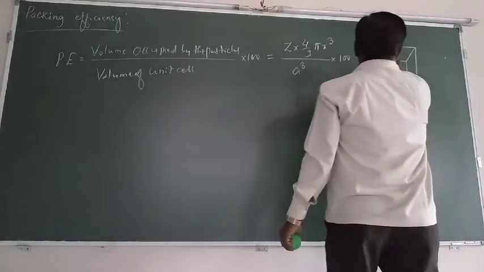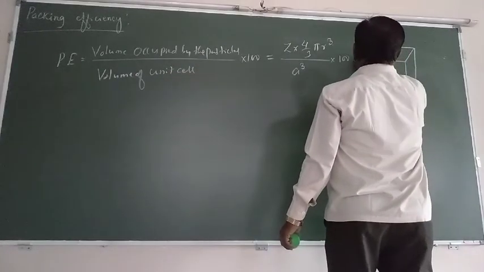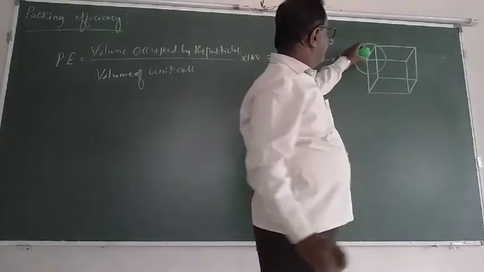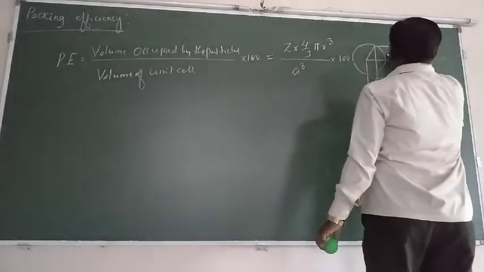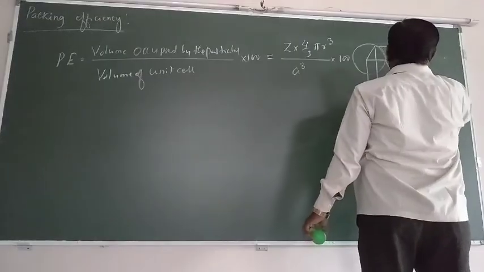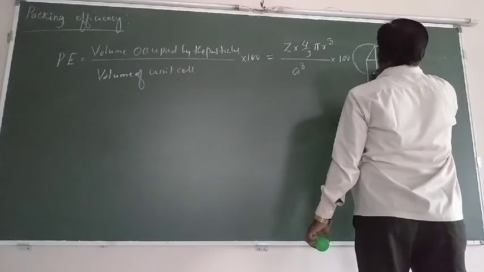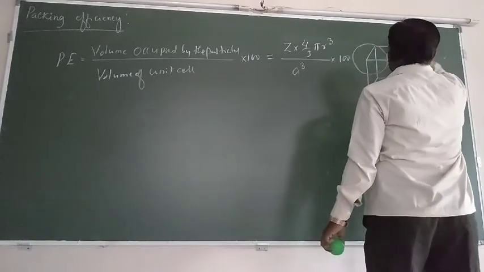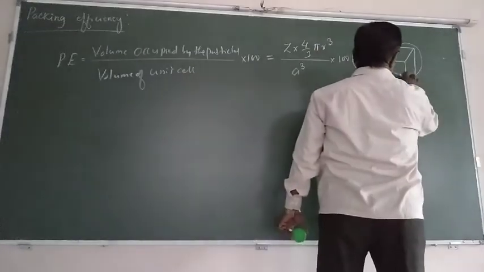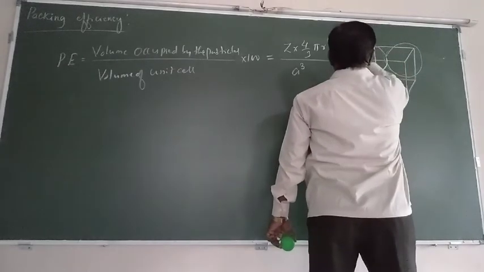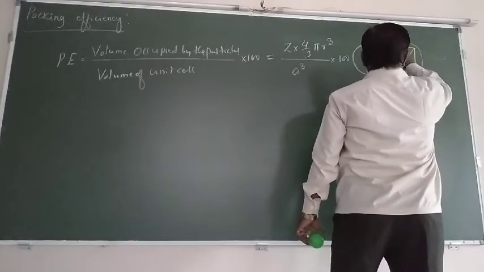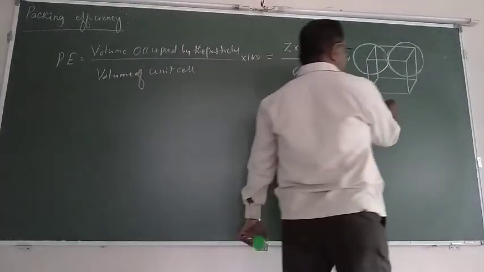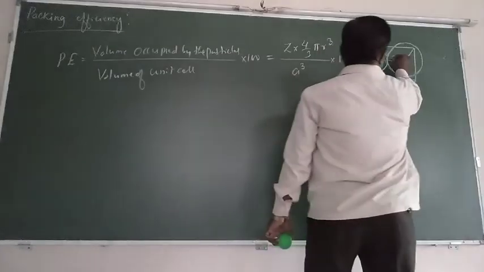In the simple cube, particles are present at the corners. This is the unit cell of the simple cube, and the particles are present on the edges of the simple cube.